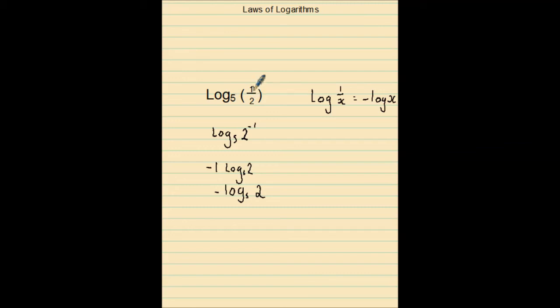We've done it from first principles here. We've seen 1 over x. We've got a half. We've written it out as 2 to the minus 1. So we bring the minus across and we get minus log to the 2. And you can see there, this is just a straight through result of what we've done. And that's it.